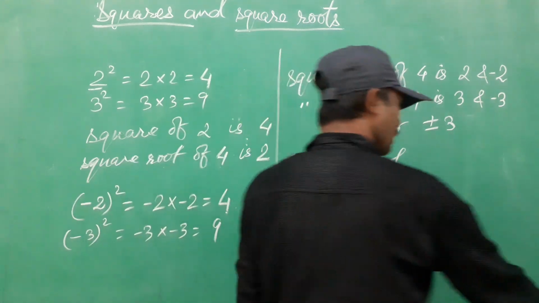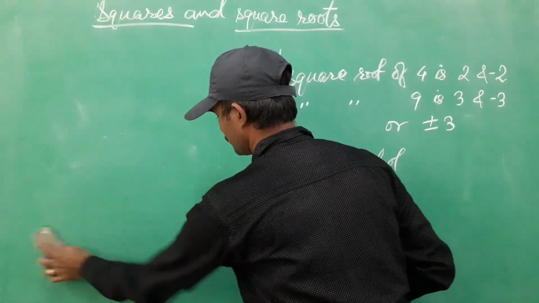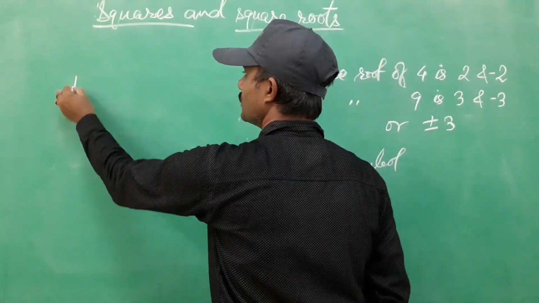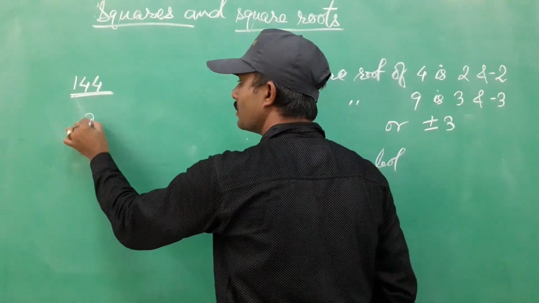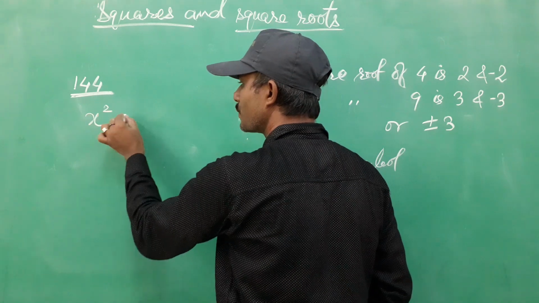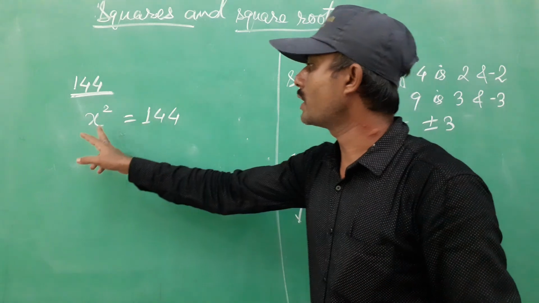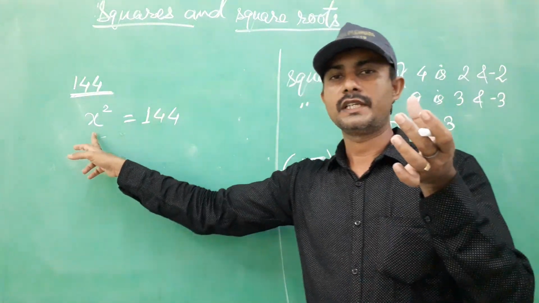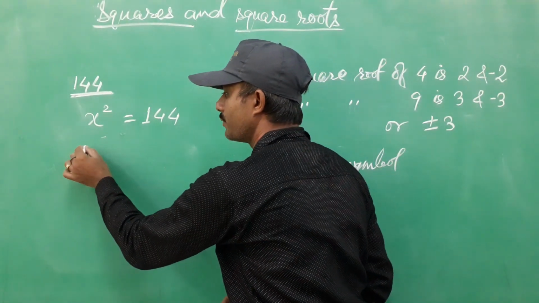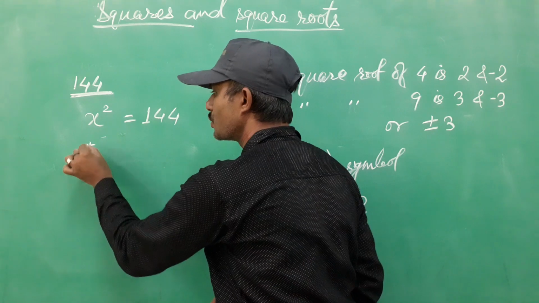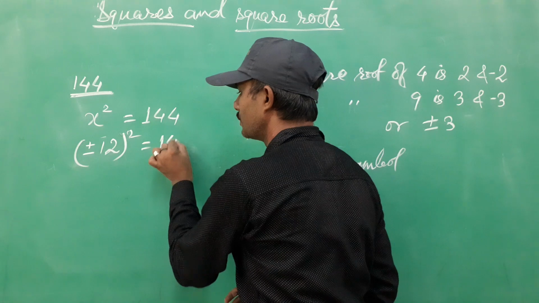For large numbers also we can do the same. Look at a large number like 144. First think of any number, write it as x, whose square equals 144. What number can be possible? It can be 12, it can be minus 12 also. So in place of x we can write plus 12 or minus 12, and the result will be 144.